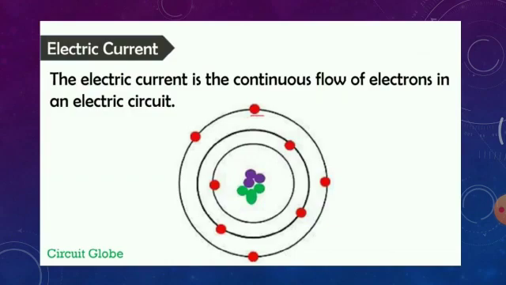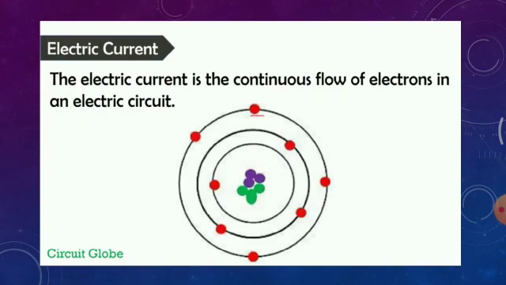In the solar system, the sun is the center point and the different planets revolve around the sun. In the same way, in atomic structure, the nucleus contains the protons and neutrons, and the electrons, like planets, also revolve around the nucleus.